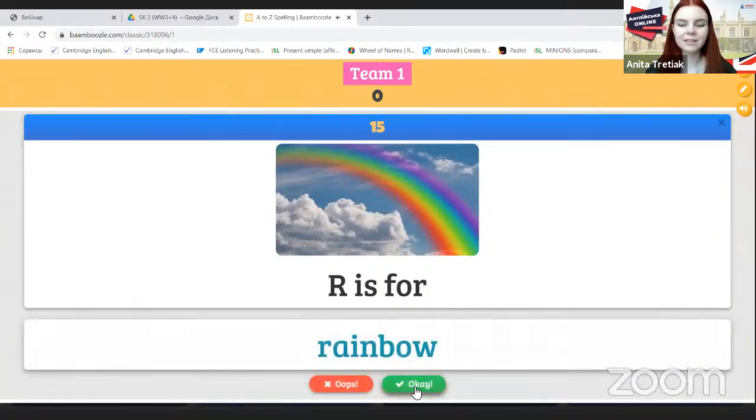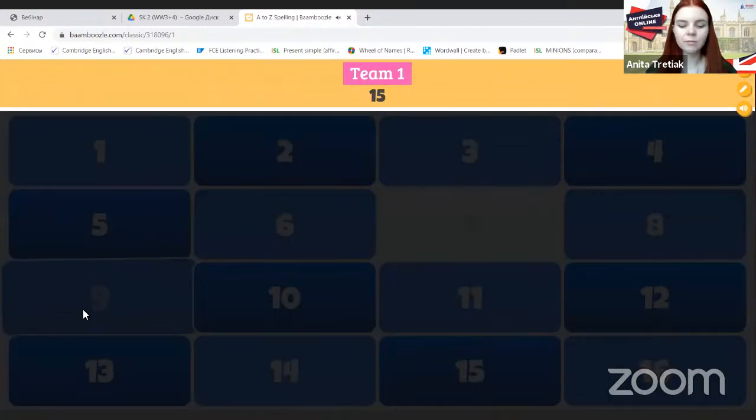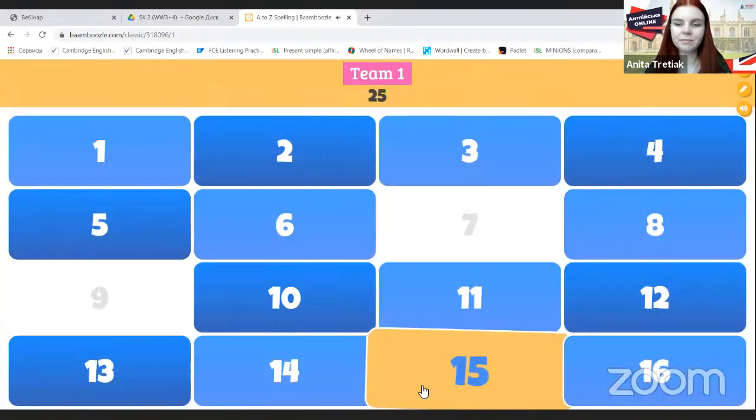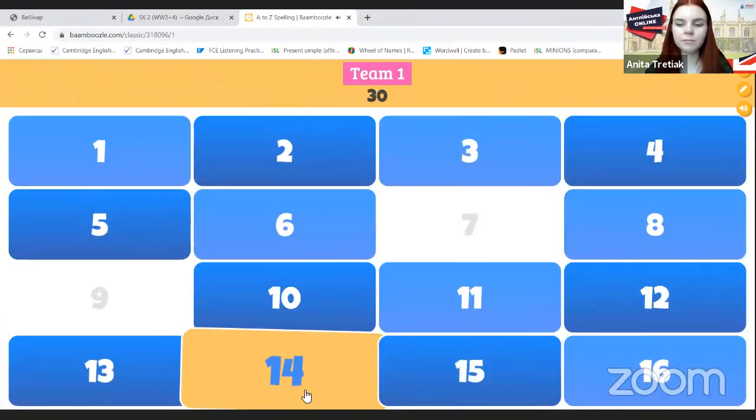Very good. Cool. Let's have another one. S is for. What word can you see here? I'm pretty sure you know this word. So just write what you can see here. Yes, you're right. S is for spider. That's good. Cool. Let's have another one.